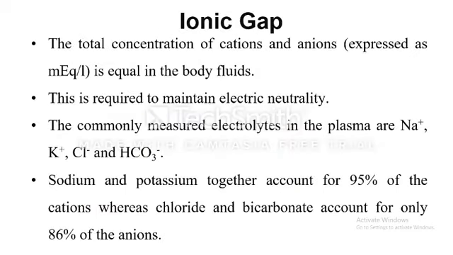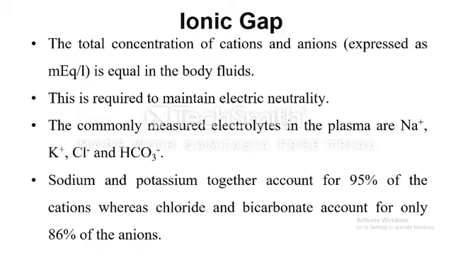What is the ionic gap? The total concentration of cations and anions, expressed as milliequivalents per liter, is equal in the body fluids. It means the concentrations of cations and anions should be equal in the body to maintain the normal pH range. This is required to maintain electric neutrality.